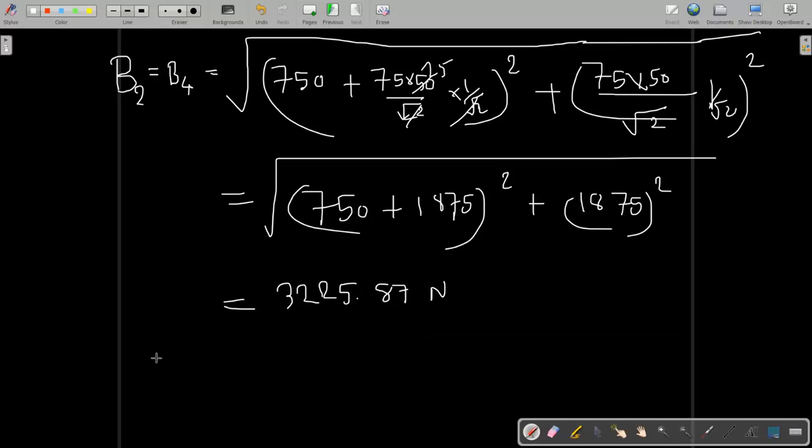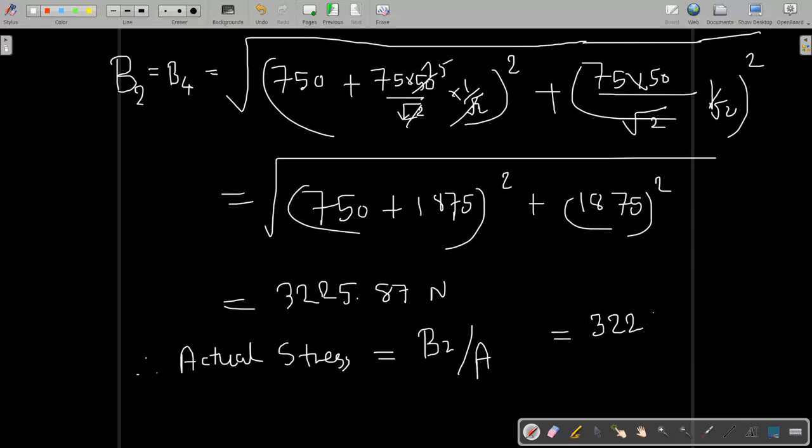Now what is the actual stress acting on the bolt? That is the B2 force upon area. What is B2? That is 3225.87 divided by area.